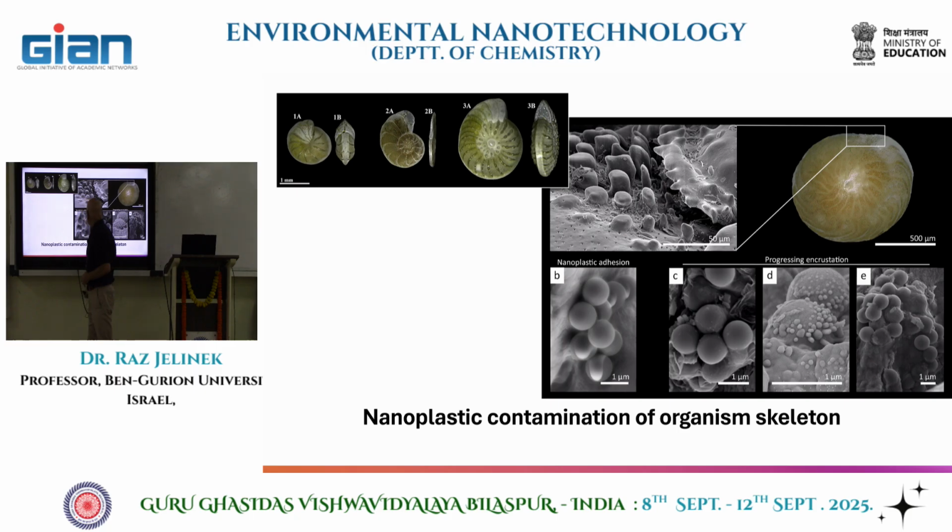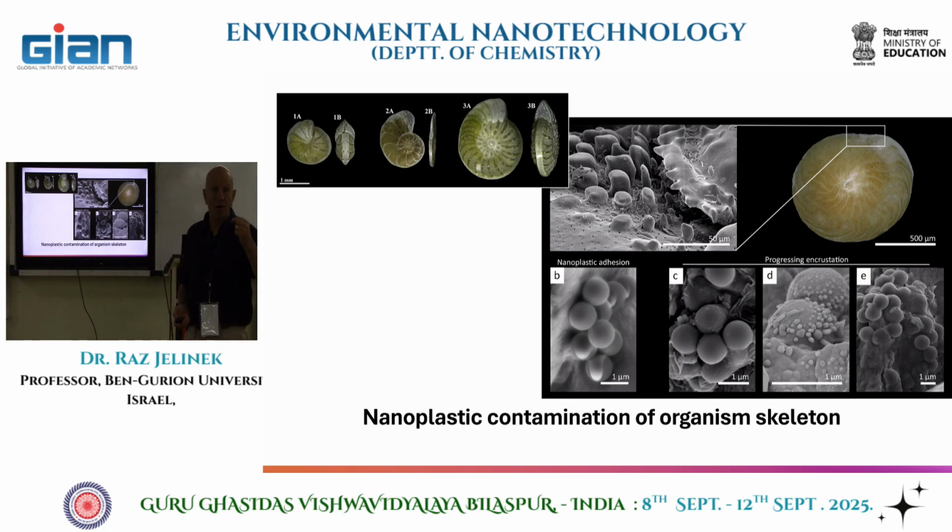This is a shellfish, and when scientists look very close on the surface of the shellfish, they found these tiny plastic particles. So think about it. Microplastic particles, nanoplastics are everywhere.